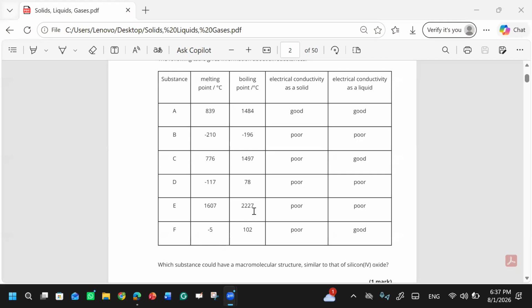Wait a minute, I have to check the periodic table. Yeah, so basically there will be covalent bonding because the electronegativity difference is very low, and it has high melting and boiling points.